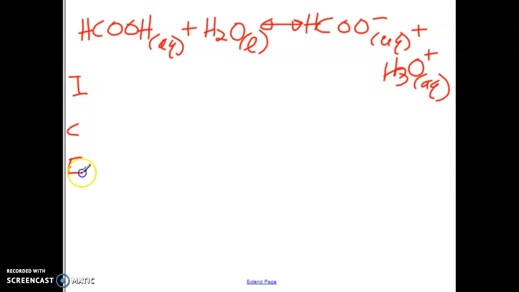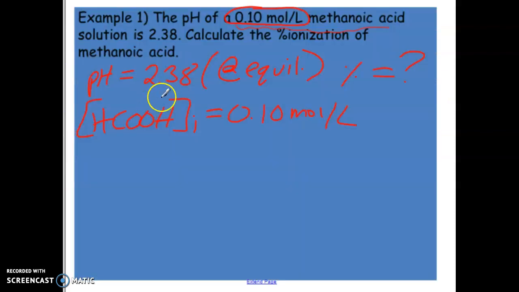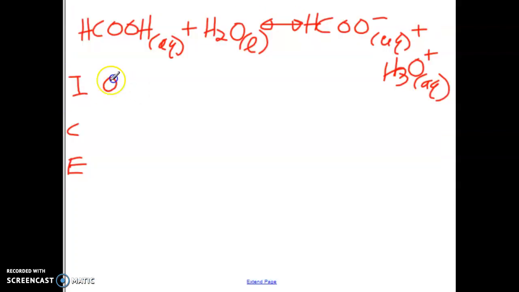Now, why are we doing an ice table? Remember that we're trying to do percent ionization. I'm just going to set this up for you so you understand where the numbers are coming from. The initial value is 0.10 moles per liter. Remember, water is not included in our equilibrium here, and we start with no product.